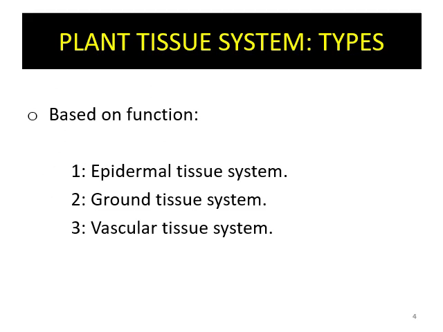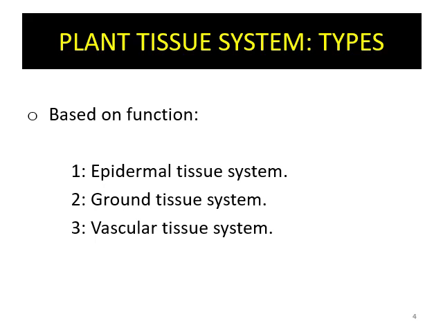First of all, we discuss the plant tissue system. There are three types of plant tissue system, which are based on their function. First is the epidermal tissue system, which contains epidermis, stomata and epidermal appendages like trichomes and hairs.